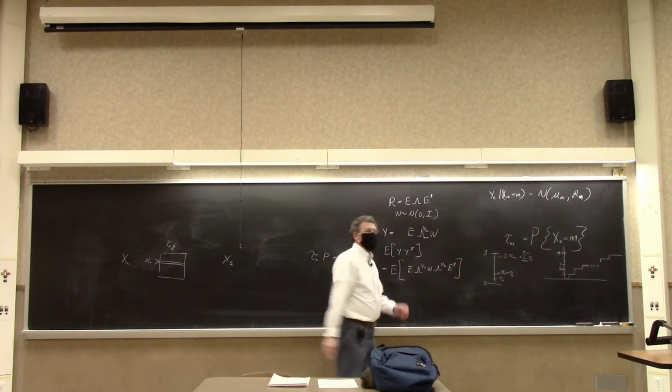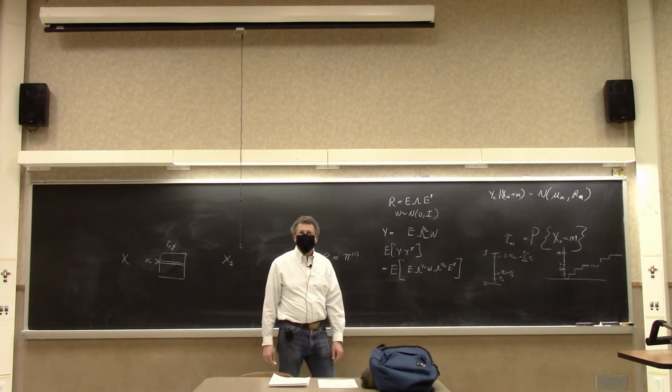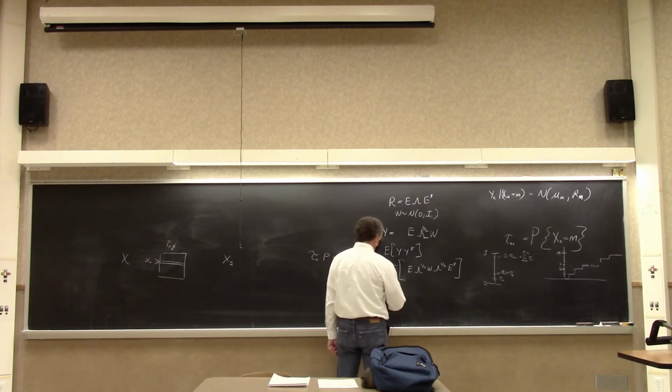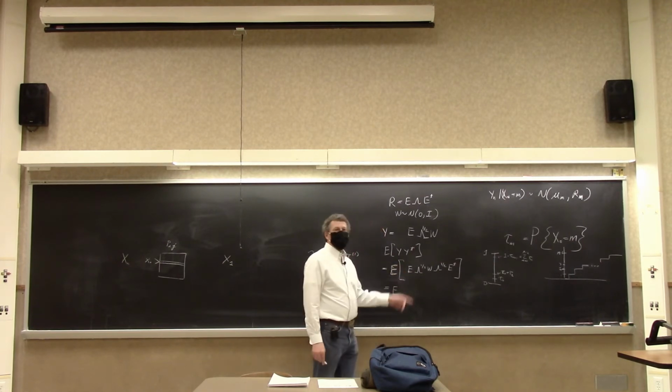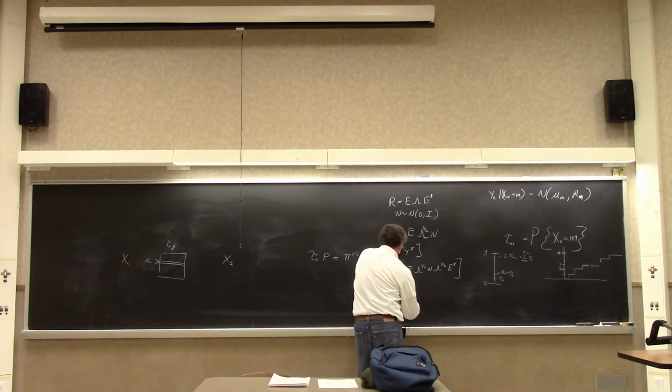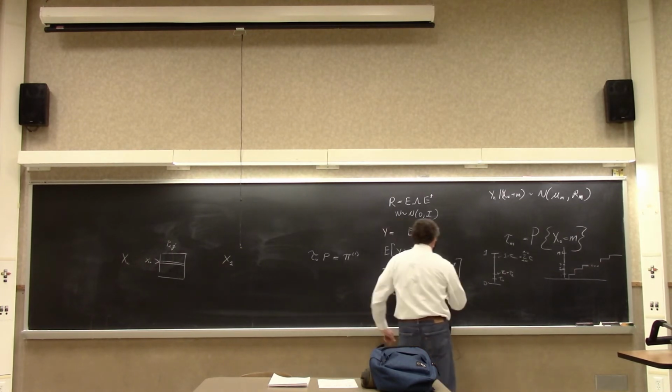The transpose of lambda is itself because it's diagonal, so it's symmetric. So I can take the expectation: this is E, lambda to the 1/2, the expected value of WW transpose. Oh, this is WW transpose, yes. Thank you.